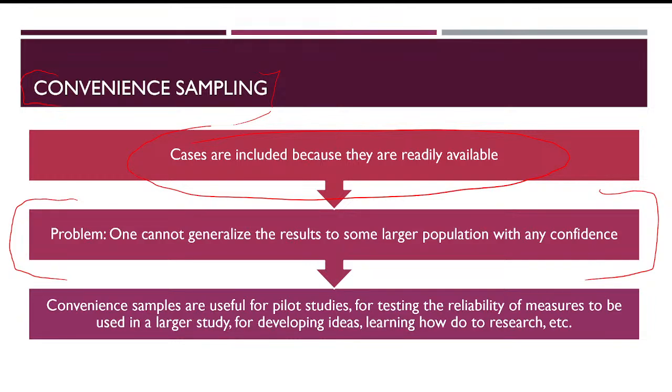Increasingly, the textbook says it's convenient, and they're used for pilot studies. I think increasingly in a lot of cases, because we find it so difficult to get people to respond to social research, a lot of samples end up being convenience samples.